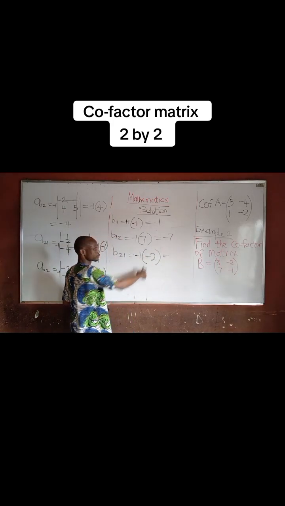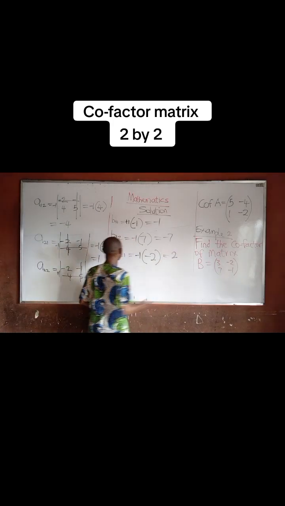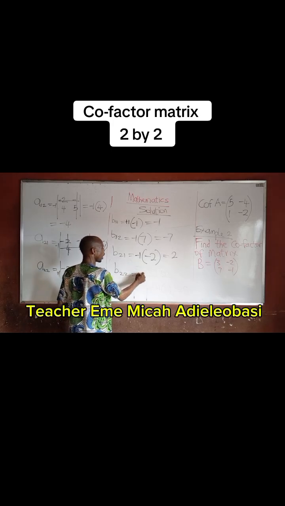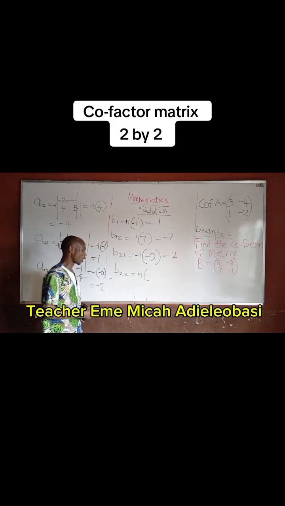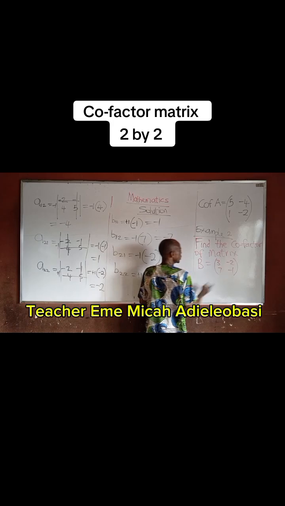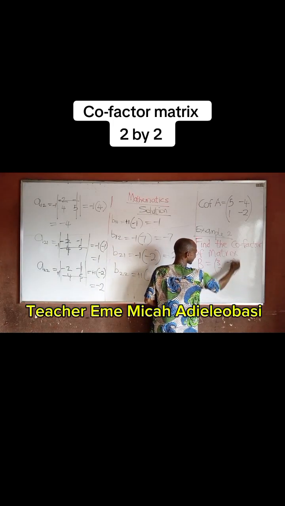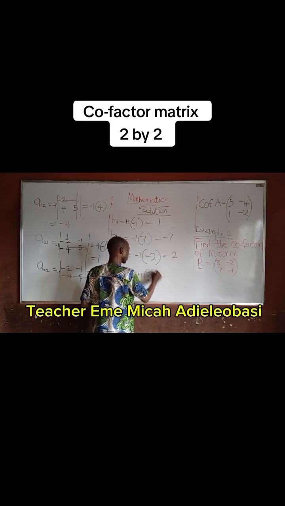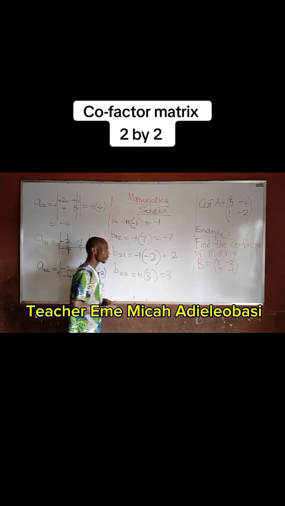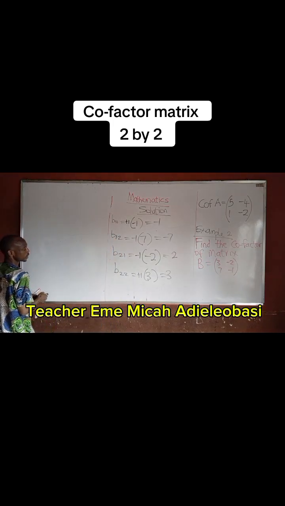So minus 1 times minus 2 will give us 2. And B22. 2 plus 2 is plus 1. So we are closing the second row and second column. This will give us 3. So 3 times plus 1 is the same 3.